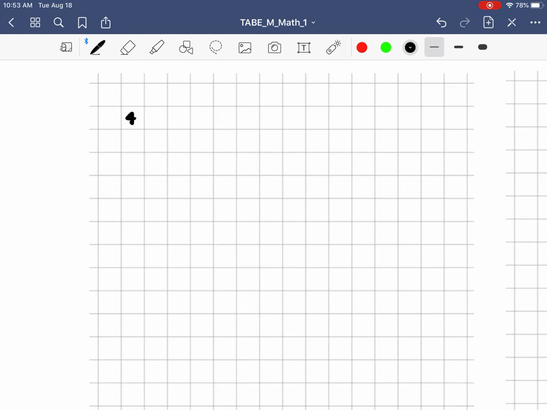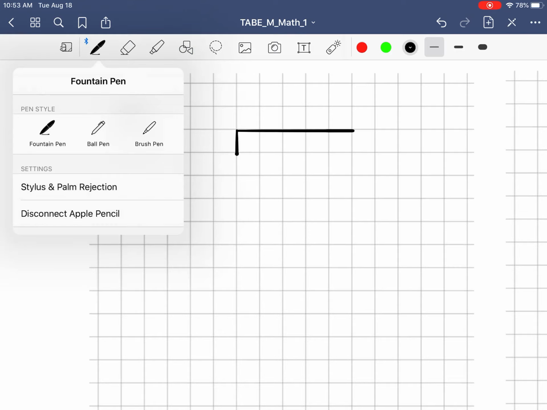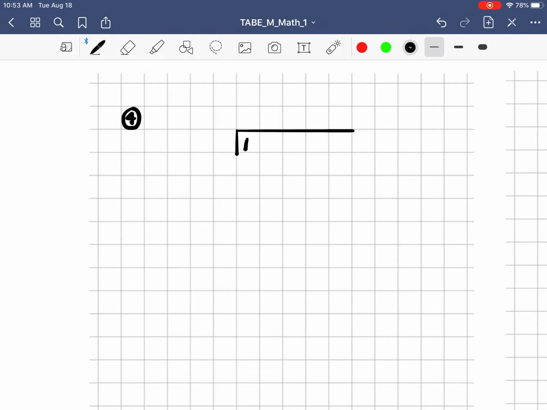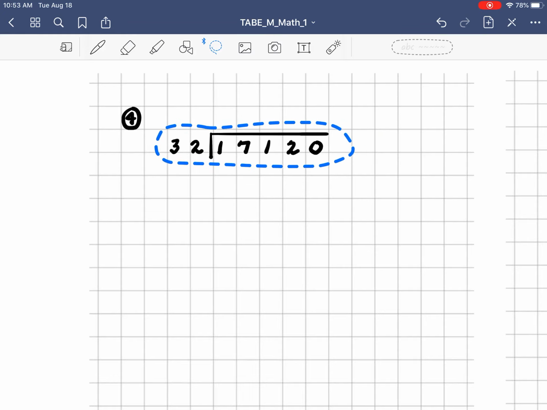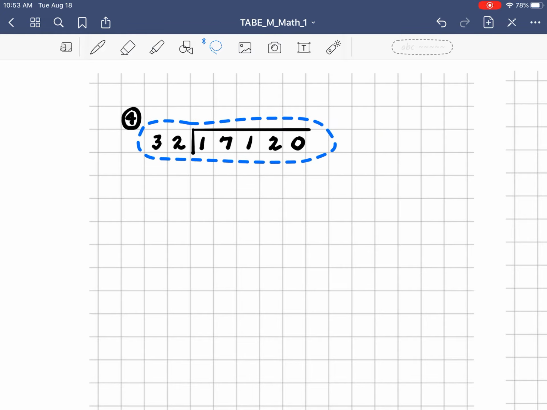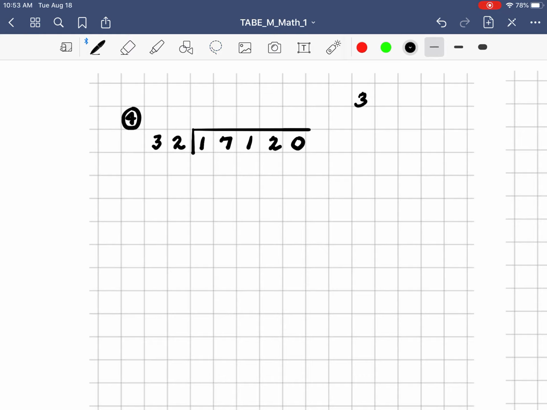So number 4 is going to be a very large dividend. 17,120. And we have 32 employees, so we're going to divide it by 32. I need to move this over just a hair so that I have room to list my multiples.